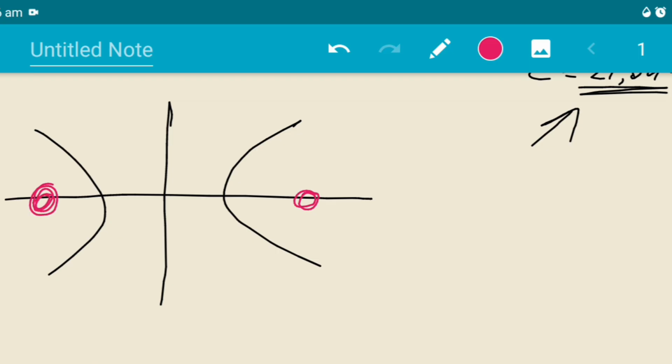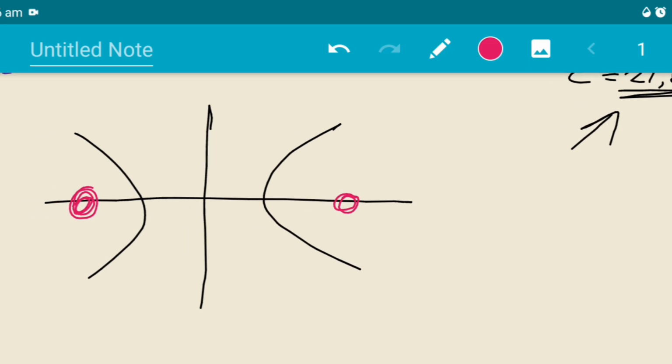Okay, then this axis here, just as we discussed with an ellipse, we said we've got the major axis, which is the longest, and the minor axis, which is the shortest. So in this case, with the same knowledge, this here is a vertex.